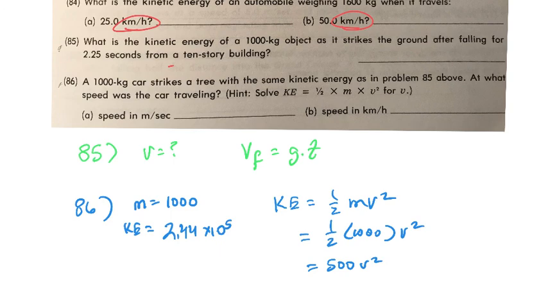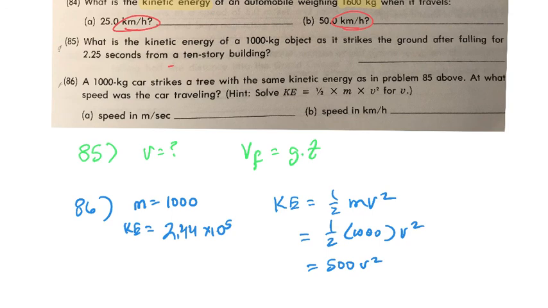And now let's give you a heads up here on 84, 85, and 86. On 84, it says, what is the kinetic energy of an automobile weighing 1,600 kilograms? Okay, that's good, that's what we want.